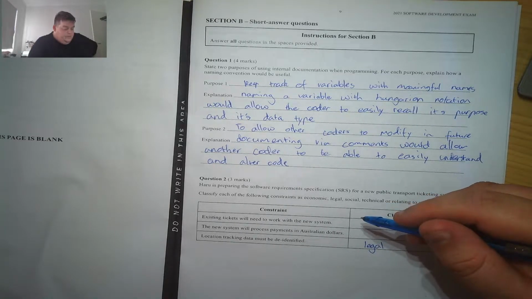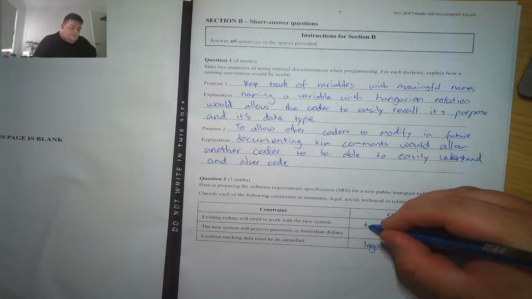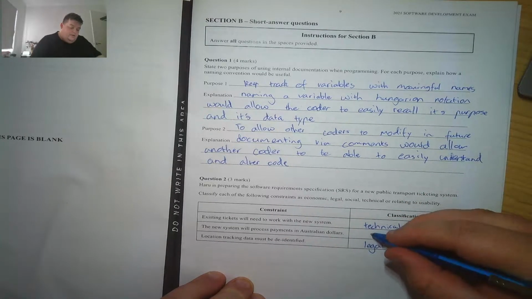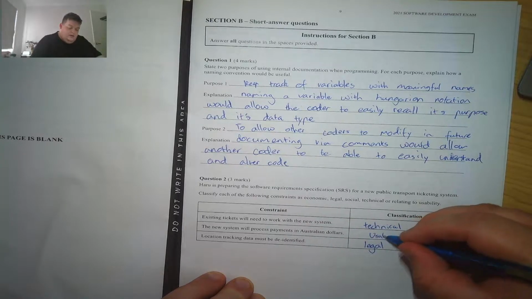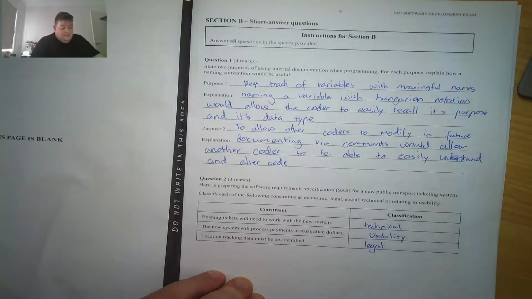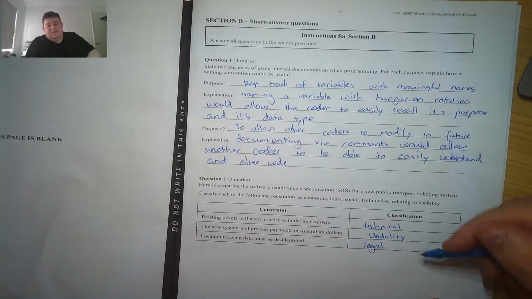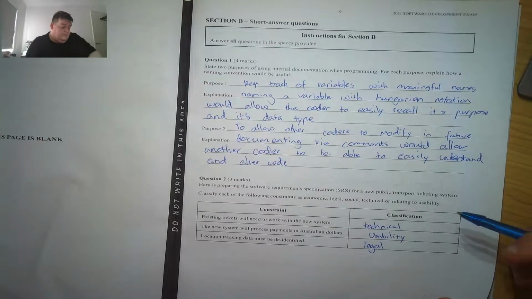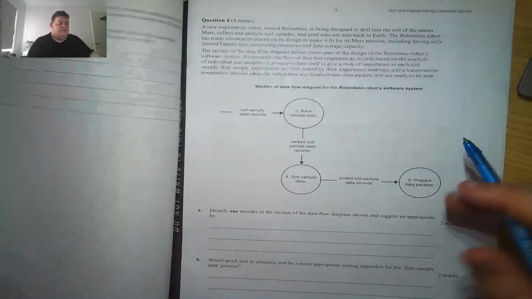Existing systems will need to... I reckon that's technical. I'm going to go usability for that one. I could be completely wrong. It could be economic. I'm not really confident with any of those three, to be honest with you. So take that with a pinch of salt, but we'll see how we go.